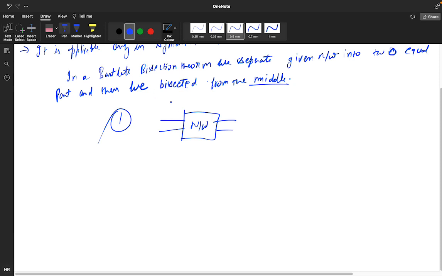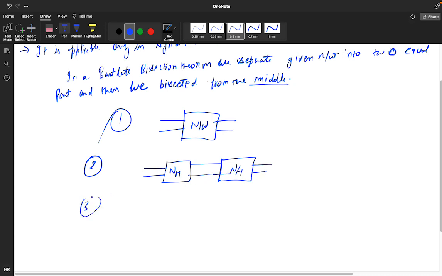If the network is symmetric, then you have to make the half network, half network this side. Third, you have to take this half network only, and consider this half network.